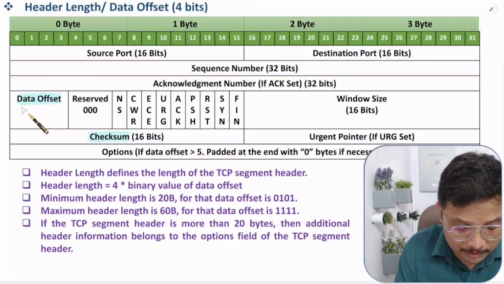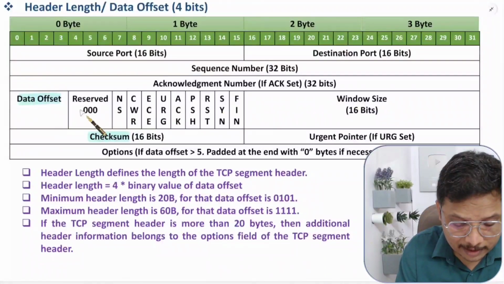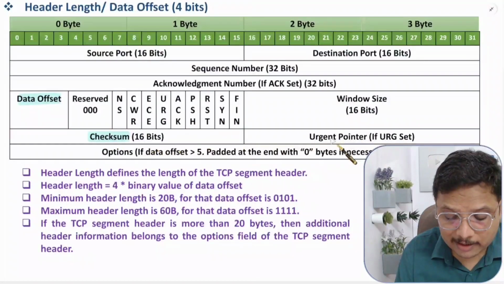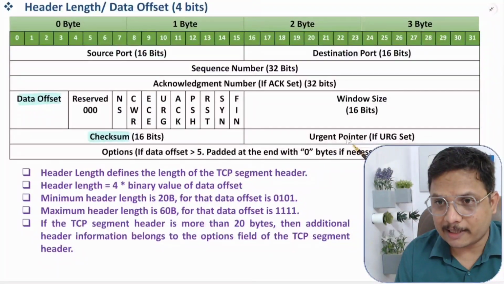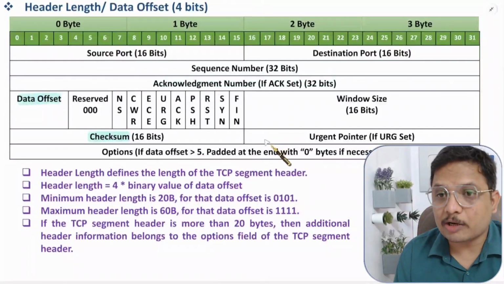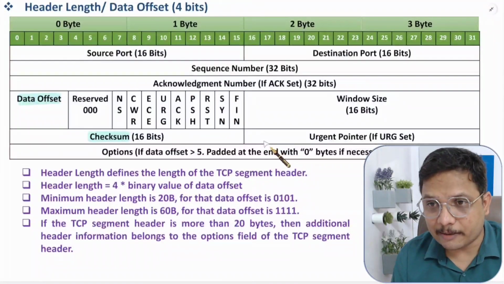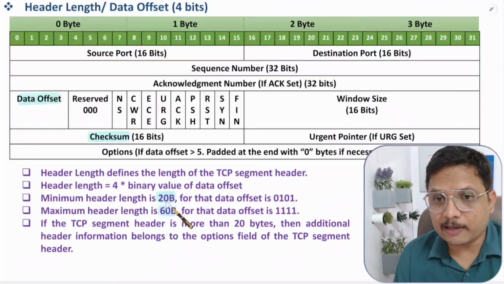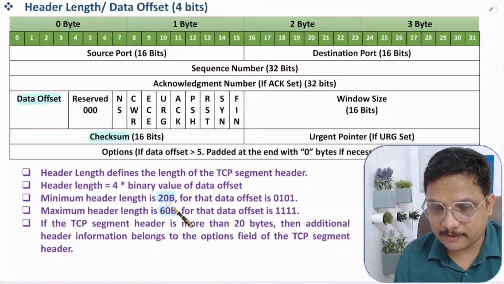Then you see all these fields are having in total size of 4 bytes. Then checksum and urgent pointer is having size of 4 bytes. So in total, if you observe here, 4 plus 4 plus 4 plus 4 plus 4, 20 bytes, those are mandatory. So maximum size is 60 bytes, but minimum size, meaning the mandatory fields, is 20 bytes.